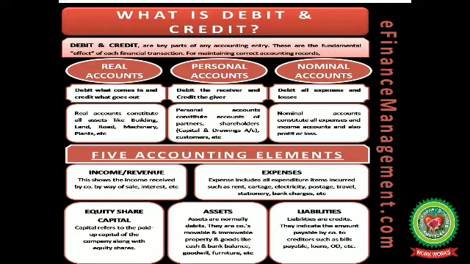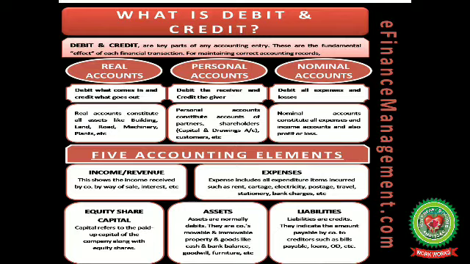Then the liabilities. Liabilities are credits. They indicate the amount payable by the company to creditors such as bills payable, loans, OD. OD stands for overdraft. Then we have with us expenses. Expenses include all expenditure items incurred such as rent, cartage, electricity, postage, travel, stationery, bank charges, etc. Then it's assets.